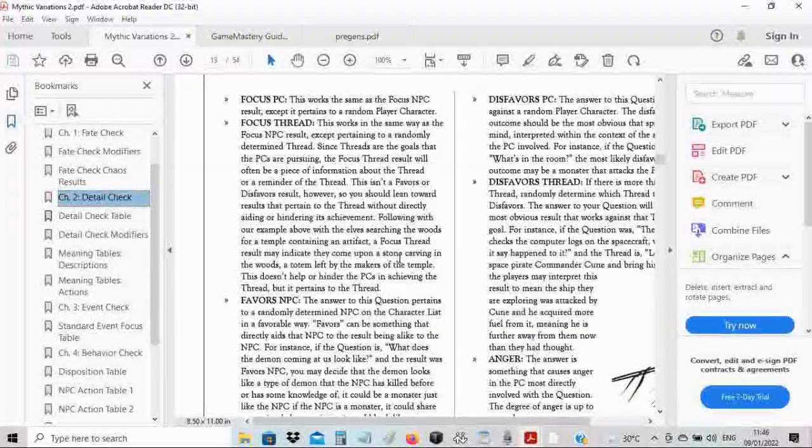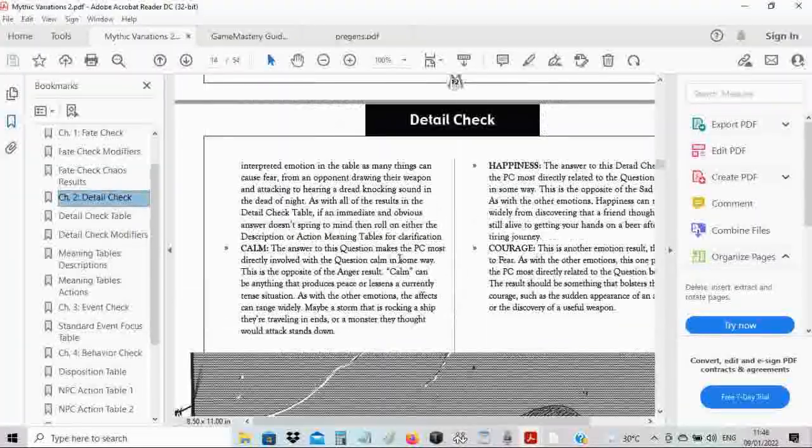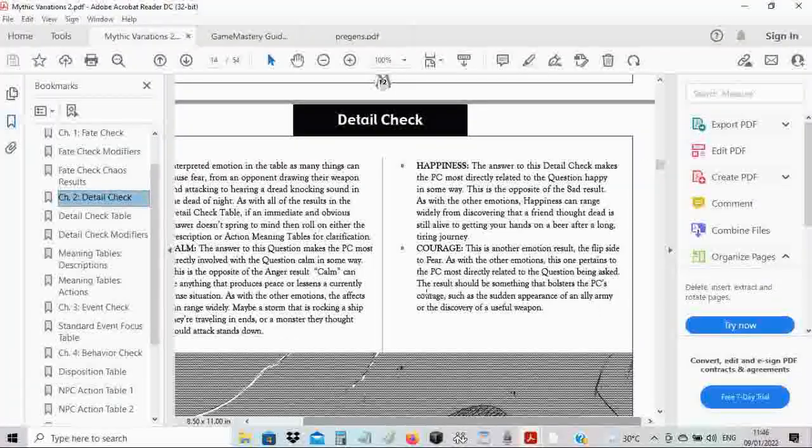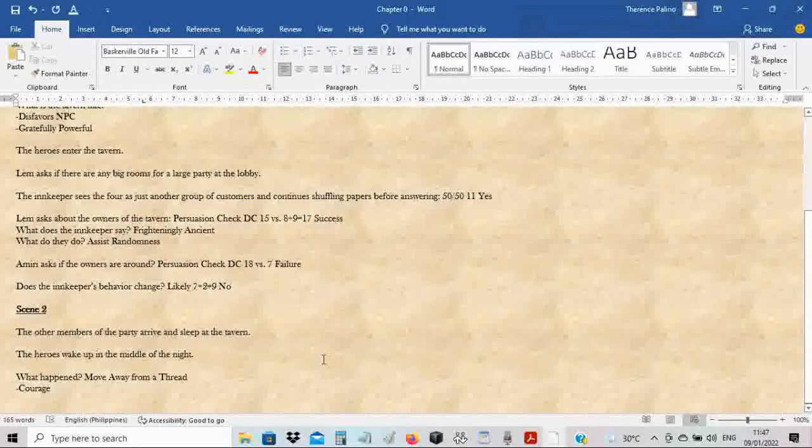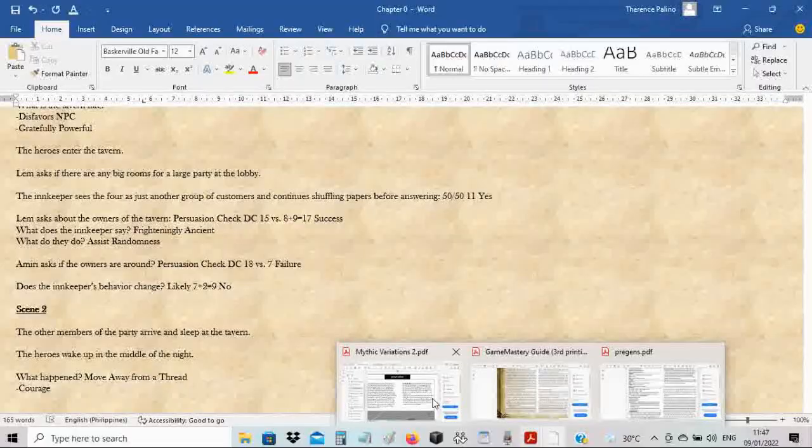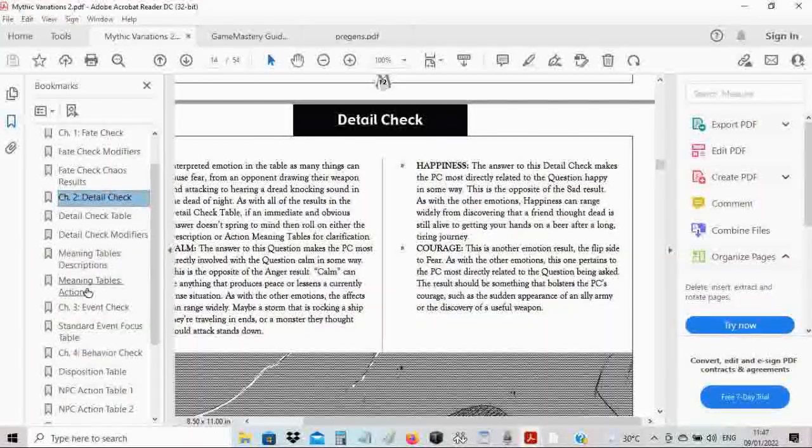So that's the courage. It relates to questions such as the sudden appearance of an ally army or the discovery of a useful weapon. We need more details though, so that's where the detail check will come in.